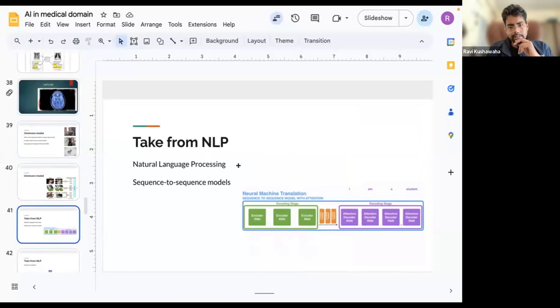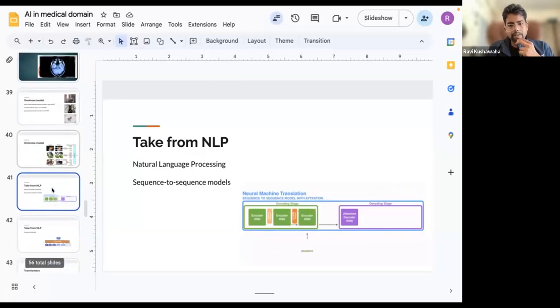As you can see here, on the left hand side we have a French phrase, which the model tries to convert into English. The model tells us that this probably is "I am a student". So this is a sequence to sequence model. From French text, we have generated English text. And why we are discussing NLP, I will discuss in a bit.